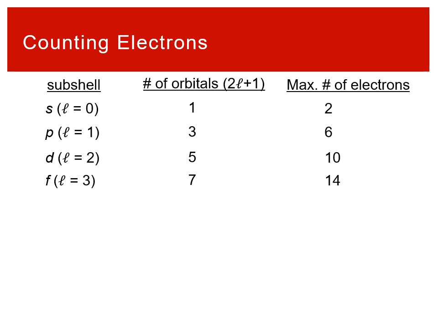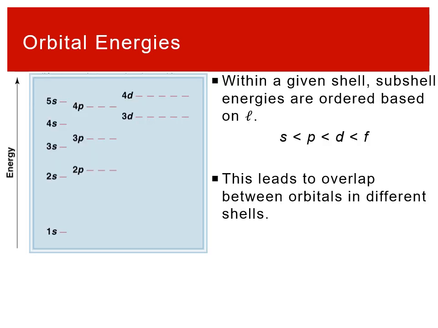F gives you 7 orbitals and 14 electrons. And that's going to continue on. It's only based on the type of subshell. So if it's s, p, d, or f, it doesn't matter what the number in front is. 1s, 2s, 3s, 4s all have exactly 1 orbital and a max occupancy of 2 electrons. So that gives us our rules for how many electrons we can put into orbitals.